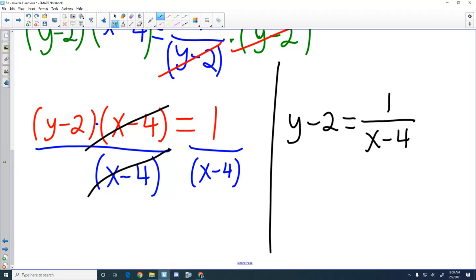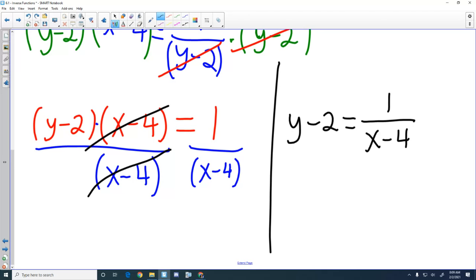I know that's a tricky step, but it's not complicated. It's just probably something you haven't seen before, but it's still valid algebra, right? You multiply to cancel something out, or you divide to cancel something out. It's just instead of for one term, we did it for that whole binomial, that whole little mini polynomial.